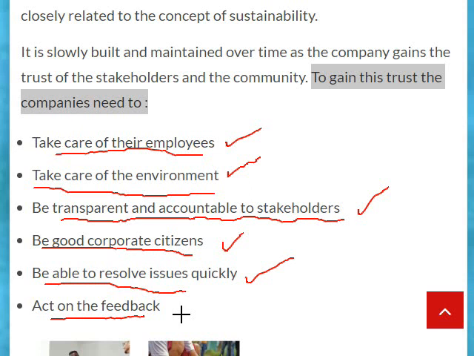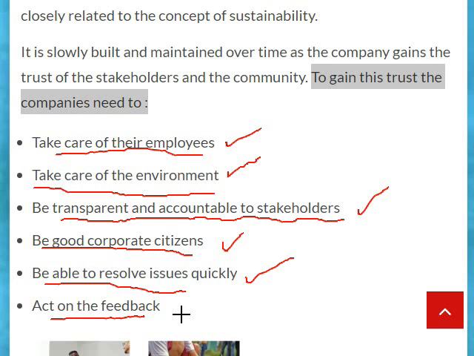Now for example, company A responds to your feedback and tells you, thank you for your feedback, we will take the following steps to rectify this issue, and we are sorry that you had to face this. Is there anything that we can do? Or they refund the amount that you have spent on that service, or they give you a free service for the next time you deal with them. So this is an example of a good feedback mechanism.